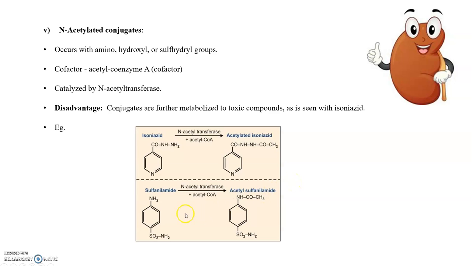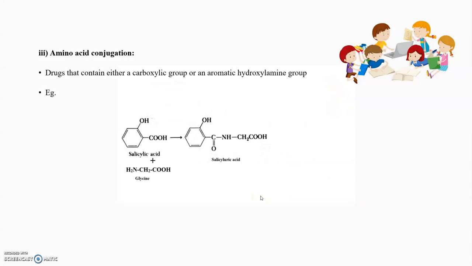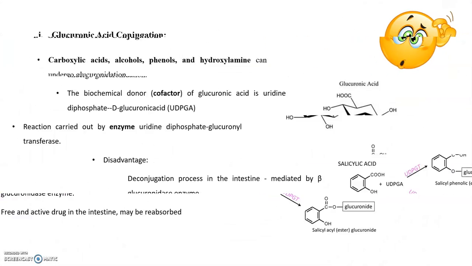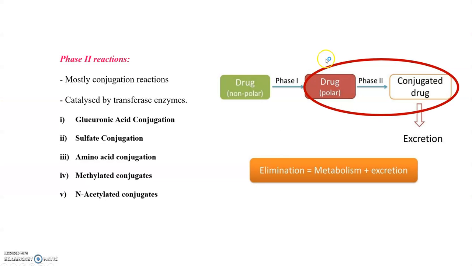And this is our sulfanilamide. Okay, so this is being converted to this acetyl conjugate and it is being expelled out, right? So to recall phase 2, what is done here is that a polar drug having an active functional group is converted to a more polar inactive drug.